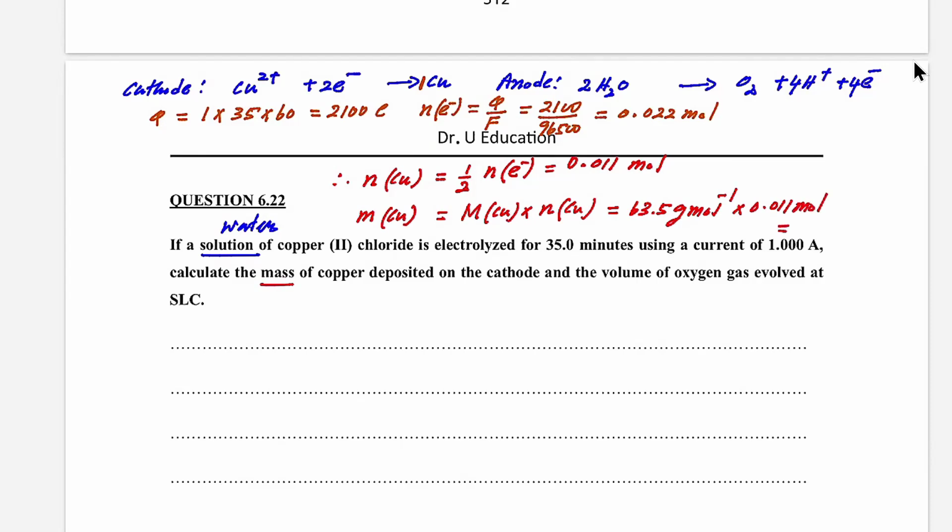And that is going to be how much? 0.6 grams. Okay, now that is fine. Next one. On the cathode, yeah. So that is fine. That is what we discussed.